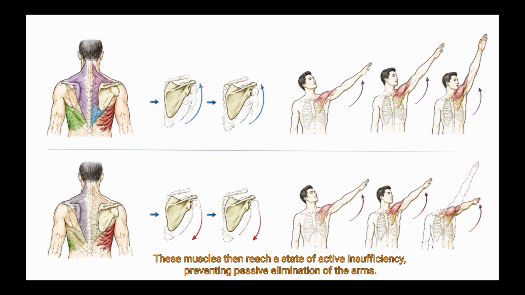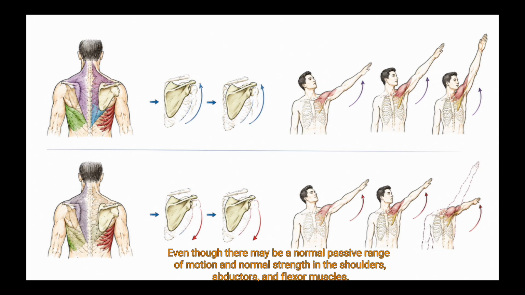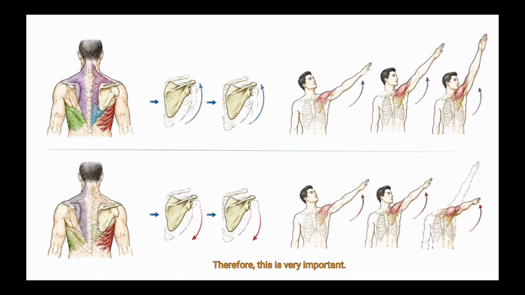These muscles then reach active insufficiency and the full elevation of the arm can't be reached, even though there may be a normal passive range of motion and normal strength in the shoulder abductor and flexor muscles. So this is very important.